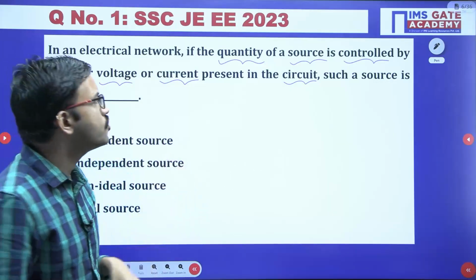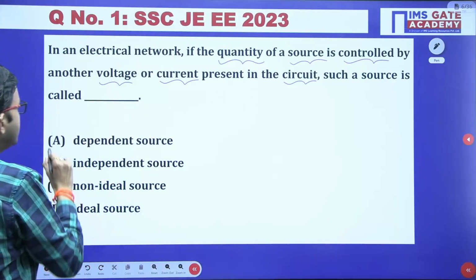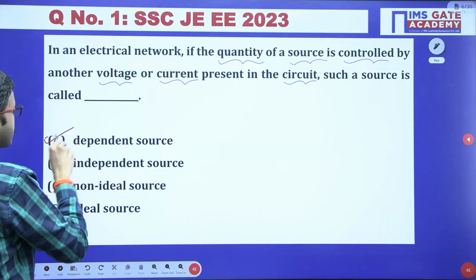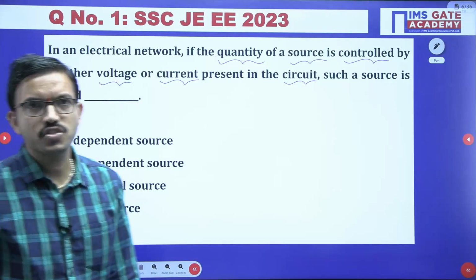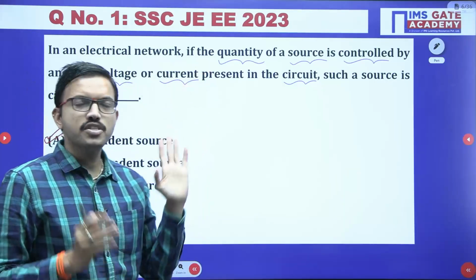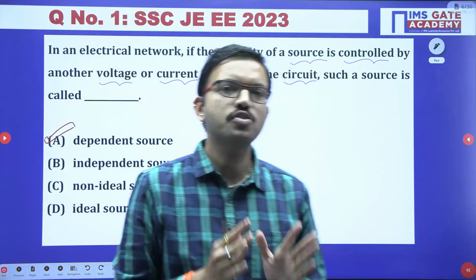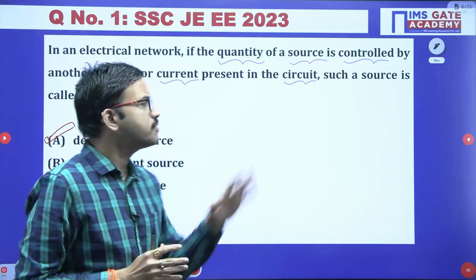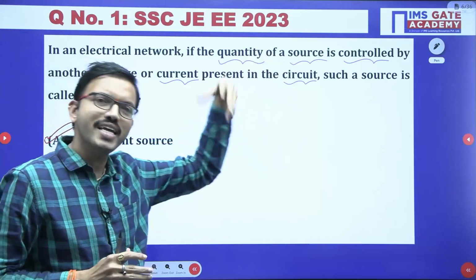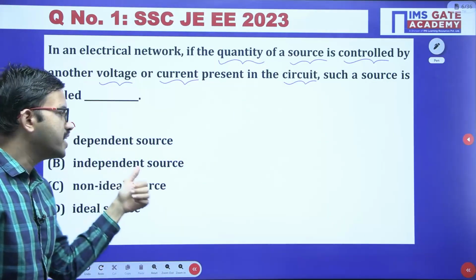Whenever the word controlled or depends is there, obviously it is the dependent source. If a voltage source produces a constant output voltage, or a current source produces a constant current, independently of any other parameter, then the answer will be independent source.